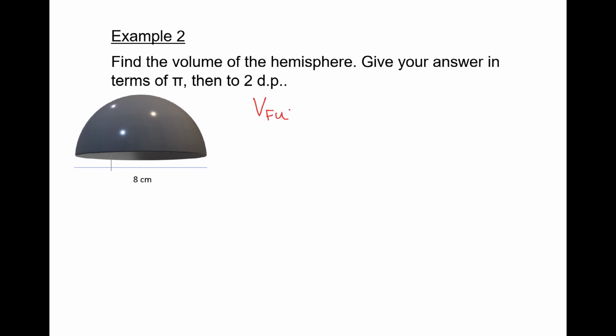So if I say volume full equals 4/3 times pi times, well, the radius of this sphere is 4, so 4 cubed. If I do that, I'll end up with 256 pi over 3.